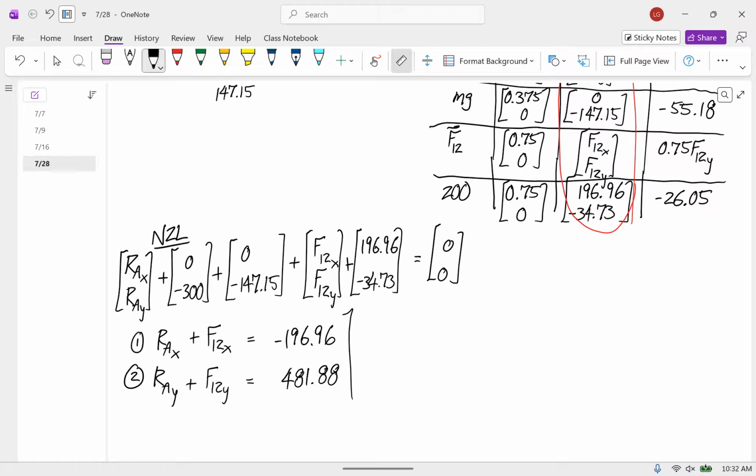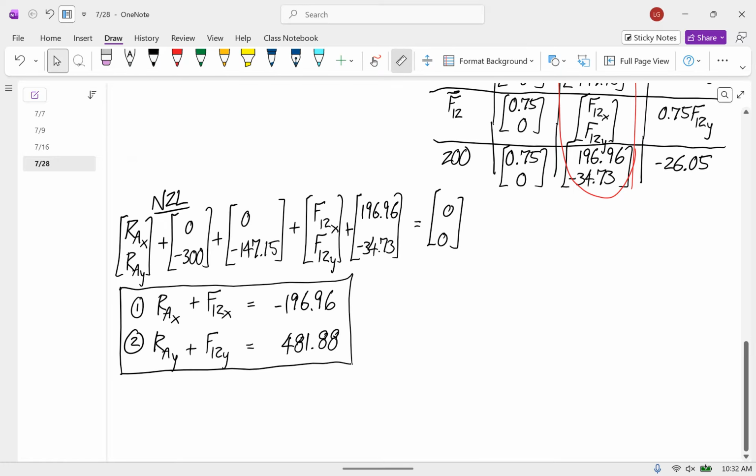Okay, so I'll box those. We're going to have to come back and use those once we get a big system of equations. There's nothing we can do about it yet because you can see we have 4 variables and only 2 equations.